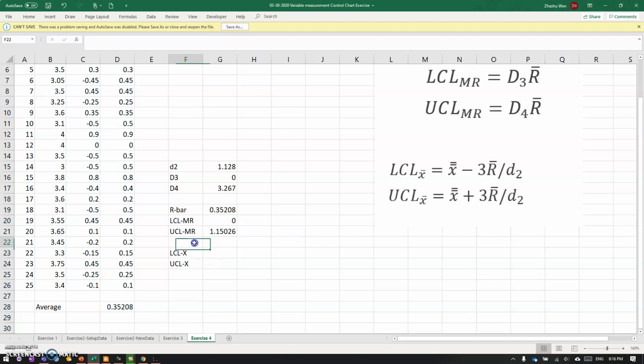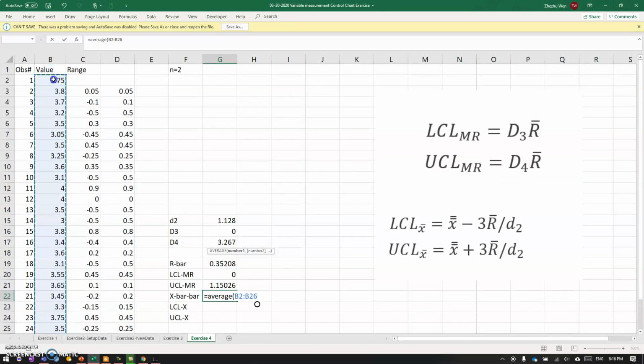X bar here is basically the average of all the outcomes. The lower control limit is X bar minus 3 multiplied by R bar divided by D2. Again, the upper control limit is X bar plus 3 multiplied by R bar divided by D2.